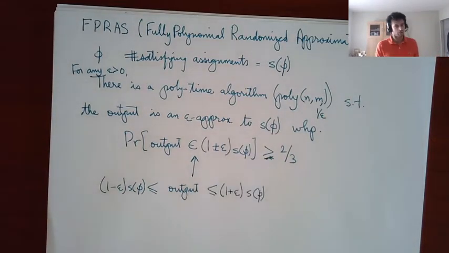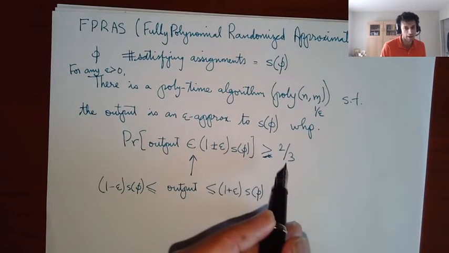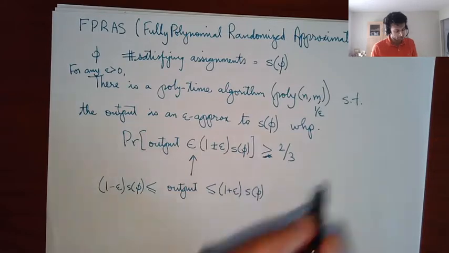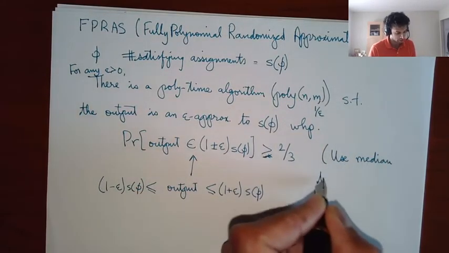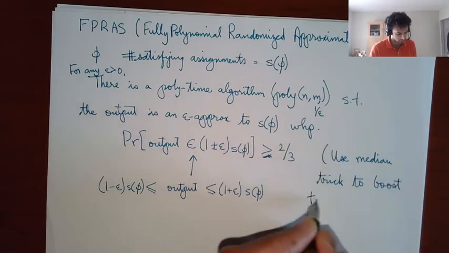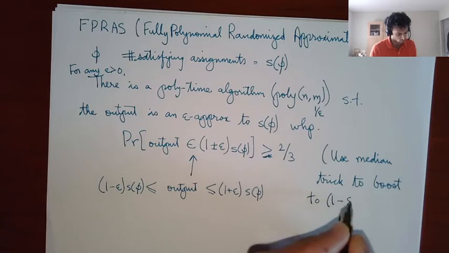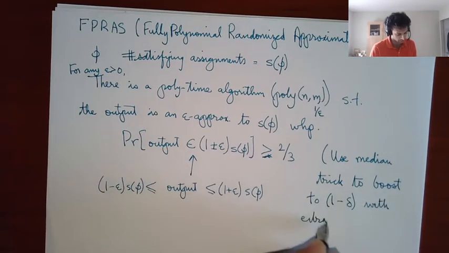Now remember, I only guarantee a 2/3 probability of success, but you can use the median trick to boost to 1 minus delta with extra log 1 over delta factor in the running time.